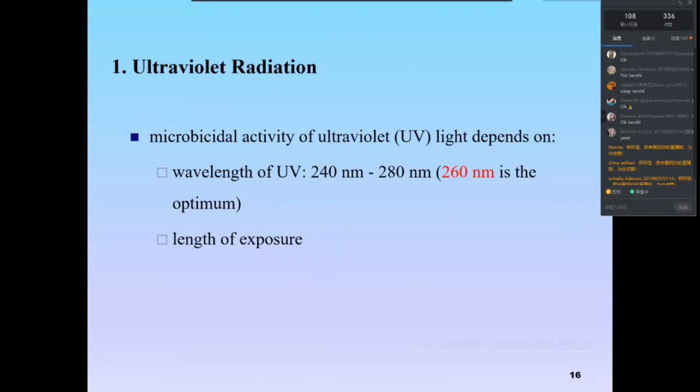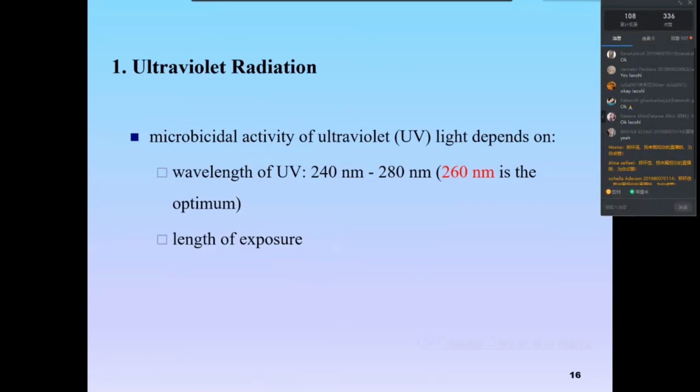The most effective wavelength of UV light to influence living cells is from 240 to 280 nanometers, but the optimal wavelength is 260 nanometers.